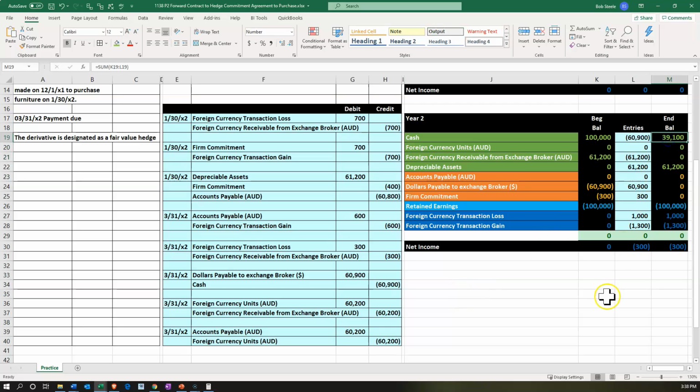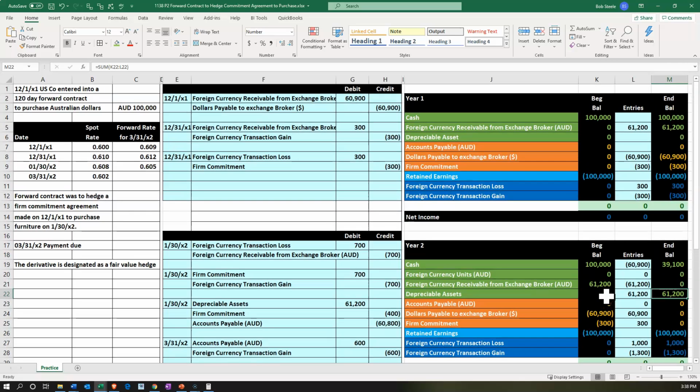So end of the day, here's cash. We still got that. We got the depreciable asset on the books at the 61, which is a slightly more complicated situation due to the way the forward contract worked, right?